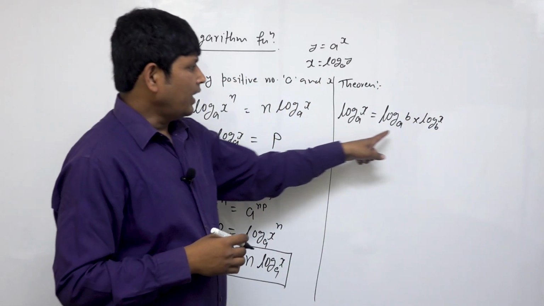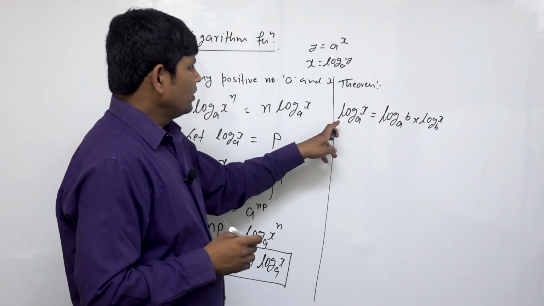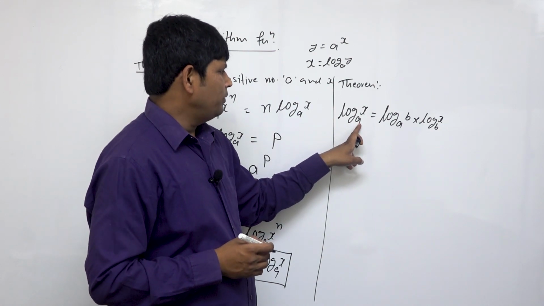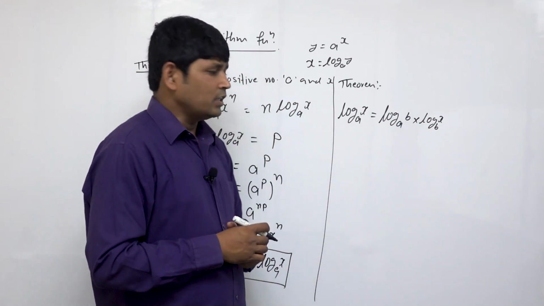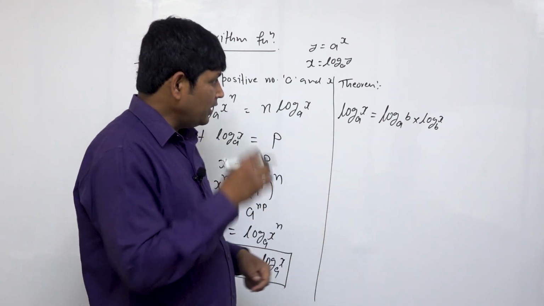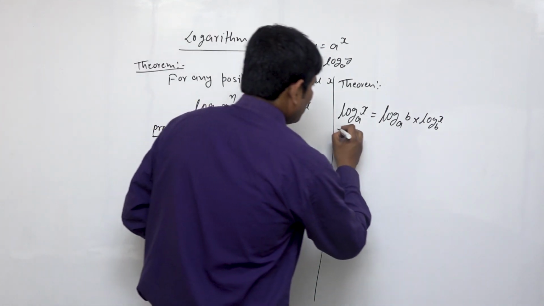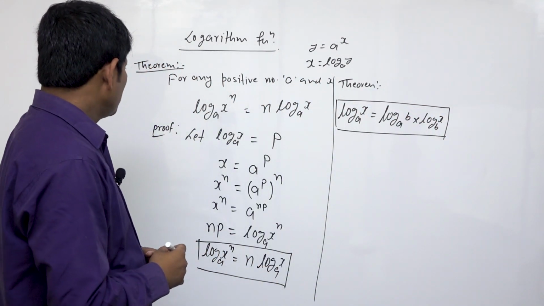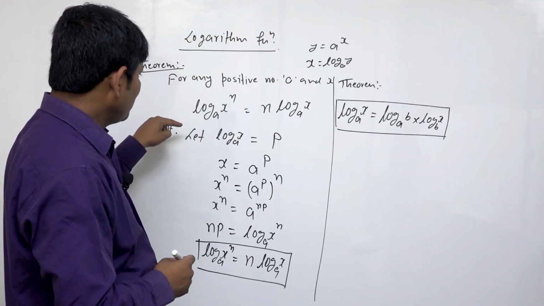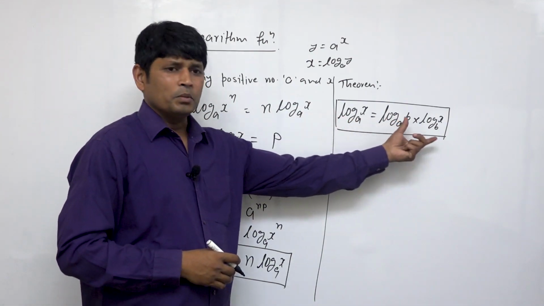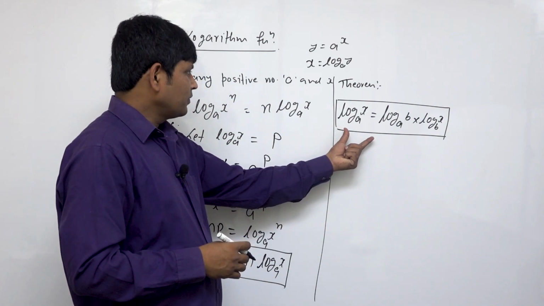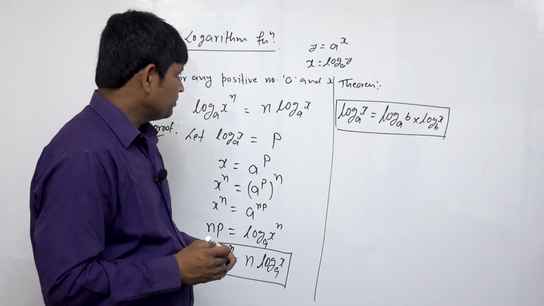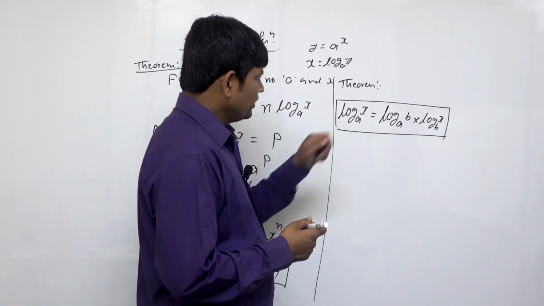This way we can change the base. So this is another property we have to remember. There is the product rule, quotient rule, power rule, and the change of base. We can use these properties to prove logarithm problems.